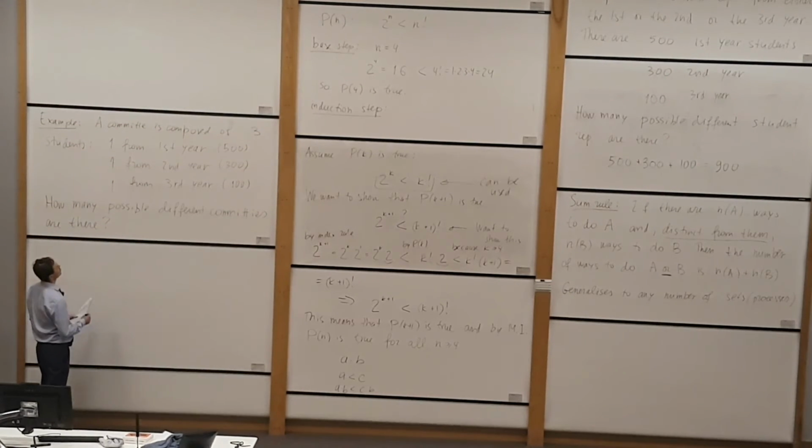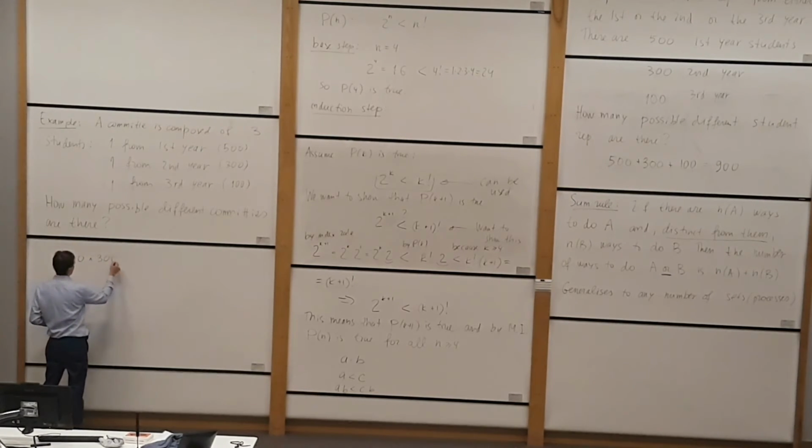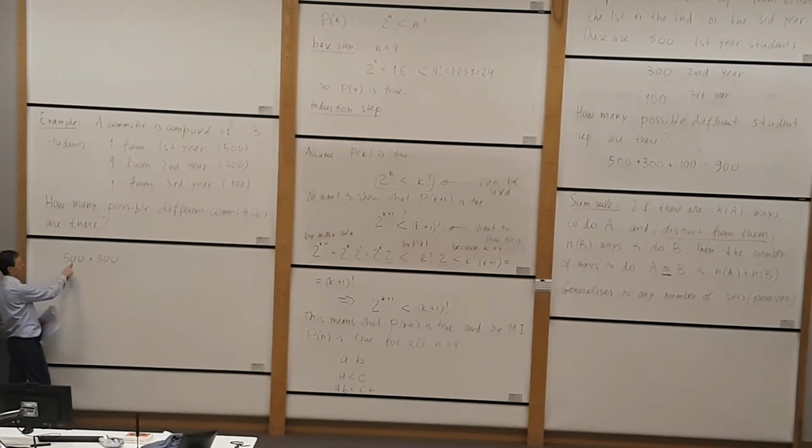We can think in the following way. We have 500 choices for choosing the first year representative. Once that representative is chosen, for each one of them I have 300 choices to choose the second year representative. Therefore, I have to multiply, because each one of these 500 comes with 300 choices for the second year representative.